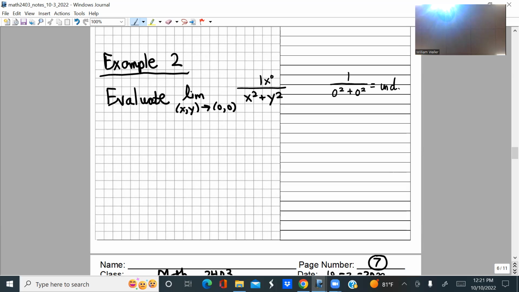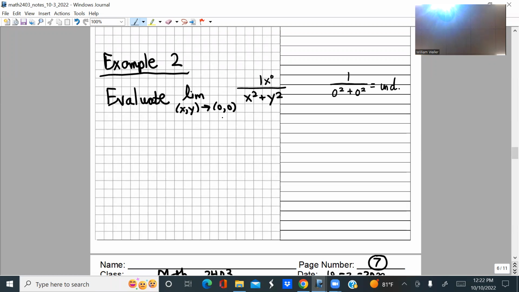So I wonder about this limit. Well, this is one you can just think about. A graph would be helpful here, but I don't think you need the graph, because as x, y is approaching 0, 0, no matter what direction you're coming from, positive or negative, both x and y are getting very small.